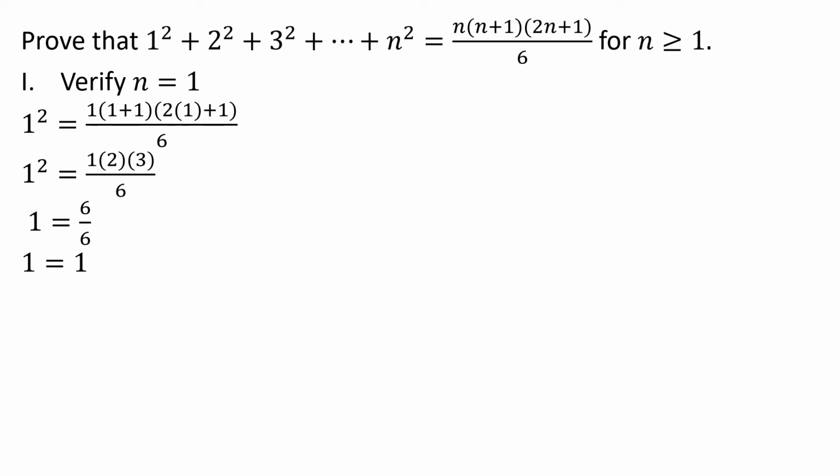So, by simplifying, this becomes 2. 1 plus 1, that is 2. And then, 2 times 1, that is 2 plus 1, that is 3. So, 1 times 2 is 2 times 3 is 6. So, we have now 6 over 6, that is 1, and 1 squared, that is 1. So, 1 is equal to 1. So, na-prove ta na sa n equals 1.